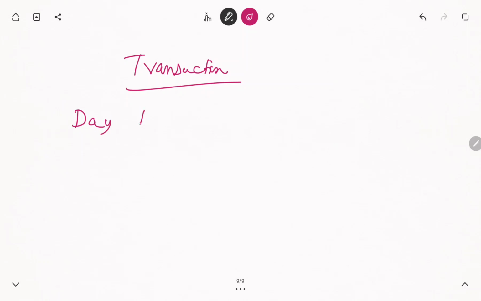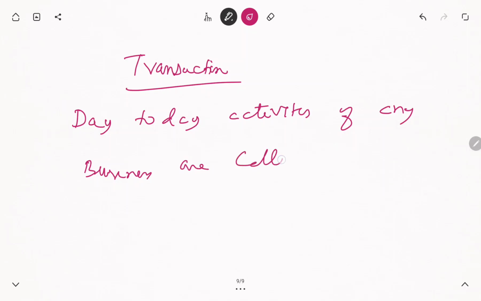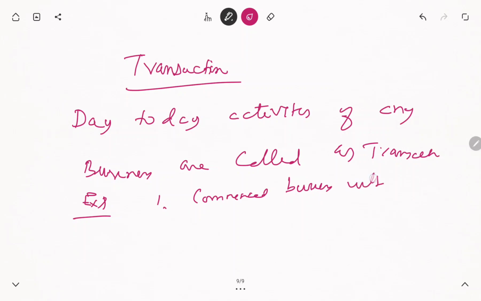Day-to-day activities of any business are called as transactions. Example: number 1, commence business with capital of 2 lakhs.